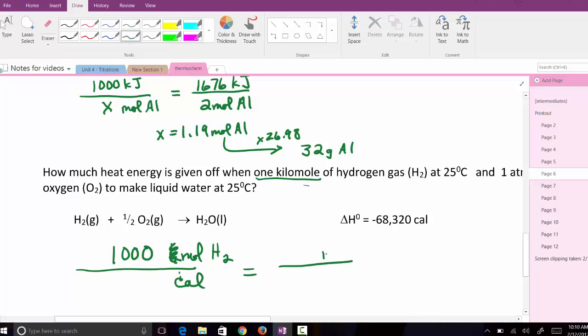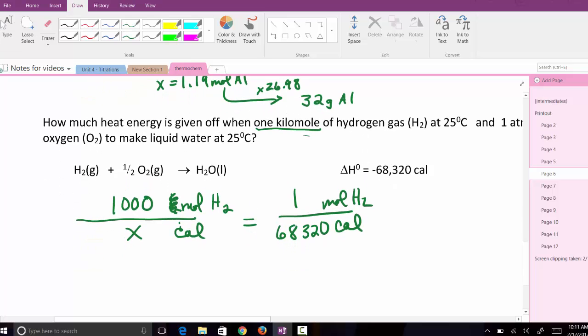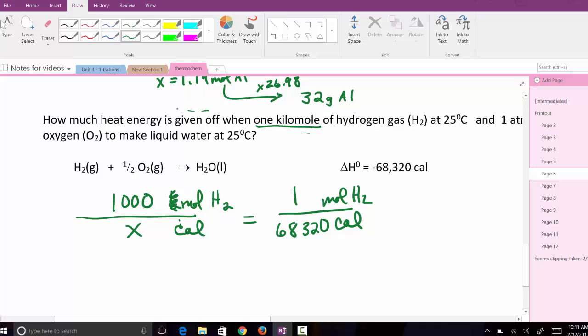So the other side, I'm going to do moles of H2 to calories. And so here it says 1 mole of hydrogen is 68,320 calories. And again, the negative sign is implied because it says how much heat is given off. So I'm just going to work with the values. And so it would be 68,320,000 calories would be the amount given off.